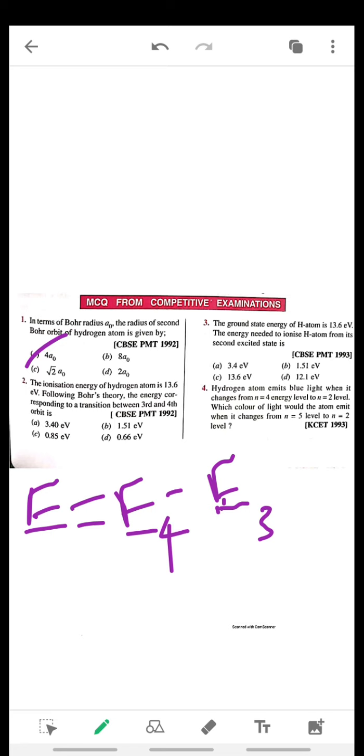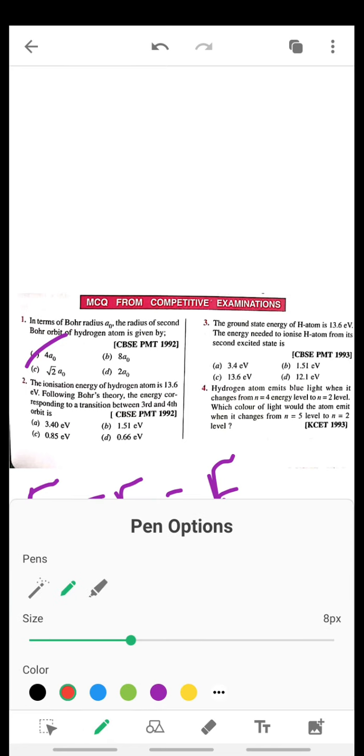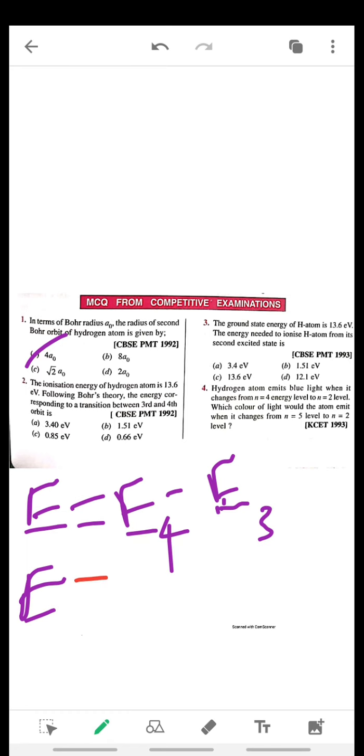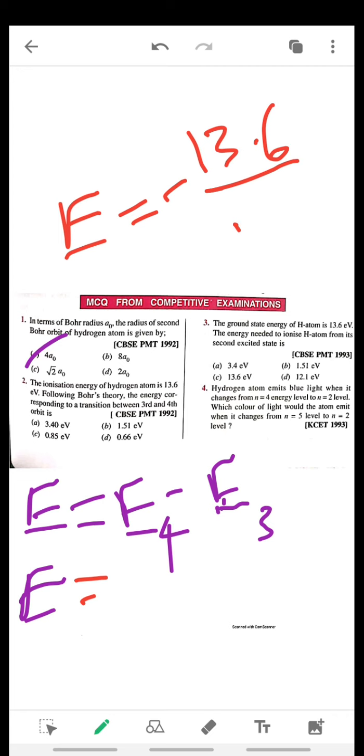You can calculate that E4 minus E3. I will calculate that. We already know the formula. I am writing here the formula: E equals minus 13.6 divided by n square. In this case the n value will change, here 4, and again this value will change to 3.